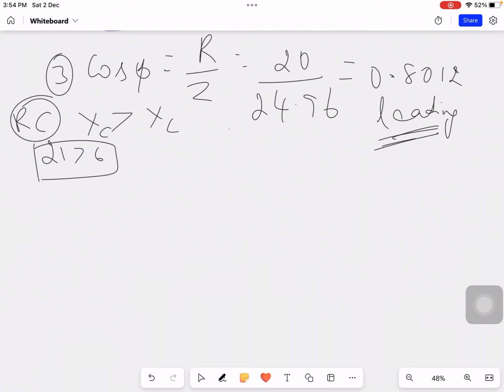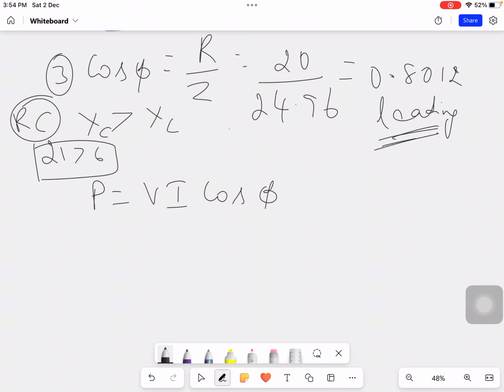Now next we have to calculate the power. We have to calculate the power and also the drop across the individual elements. Now I will go with the power equation. Power equation is V into I into cos phi. You know all the values now.